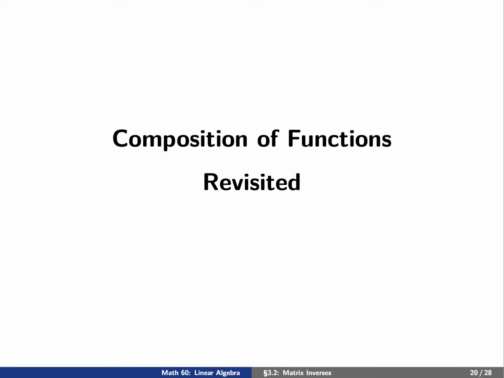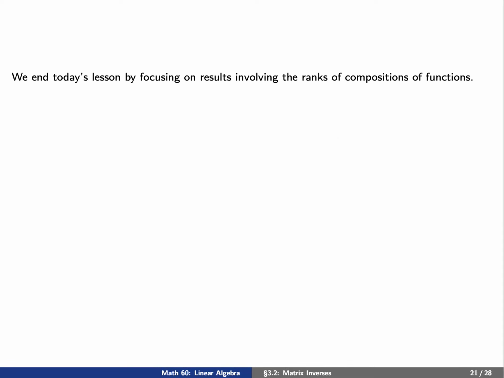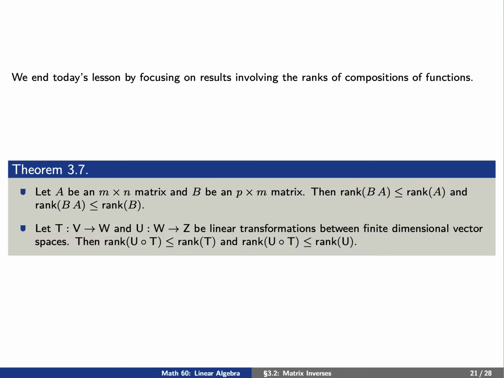Let's use all of this to talk about compositions of functions once again. We'll end today by discussing a few results that will allow us to say a little bit more about the ranks of matrices. Let's say that A is an M by N matrix and B is a P by M matrix.